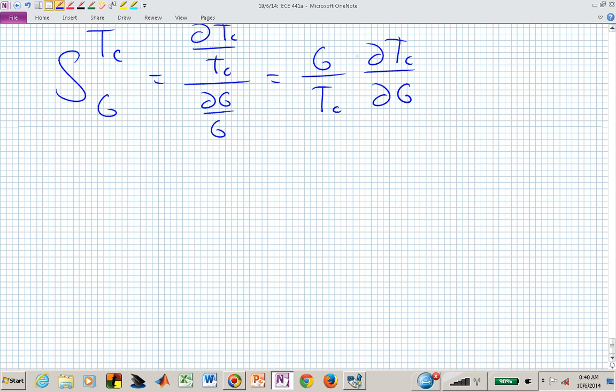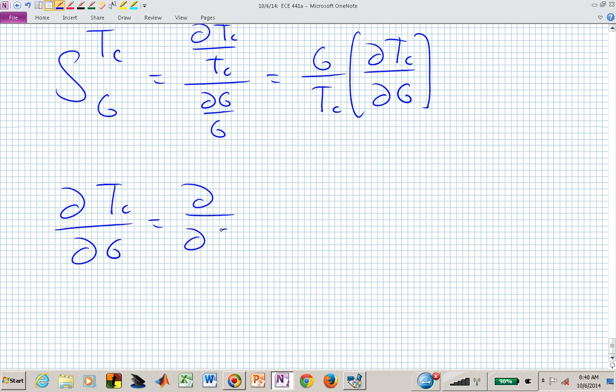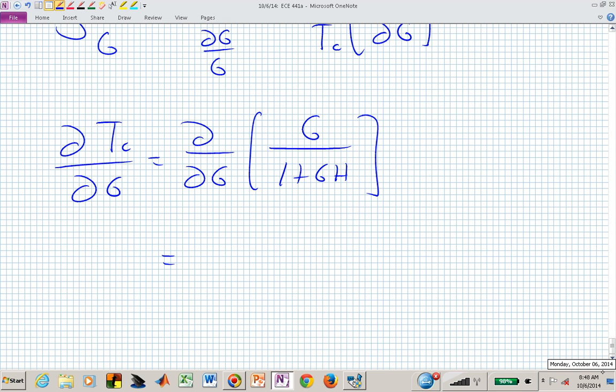Now we need to find this partial. The partial of T sub C with respect to G is the partial with respect to G of G over 1 plus GH. And this is why you took the calculus, to remember the quotient rule of differentiation.